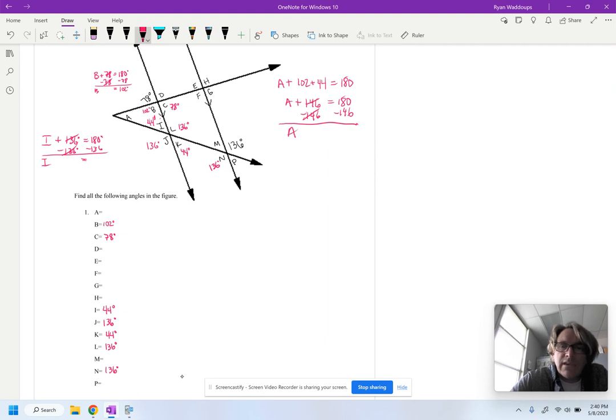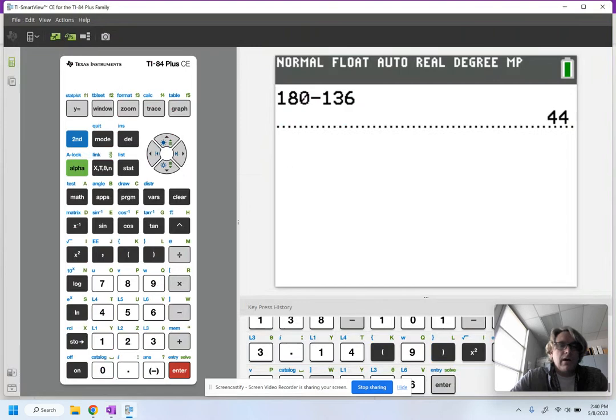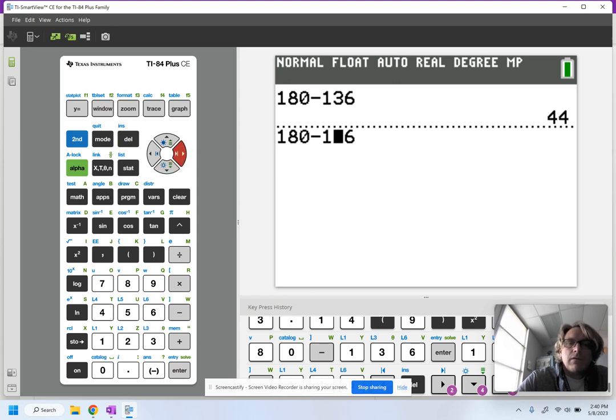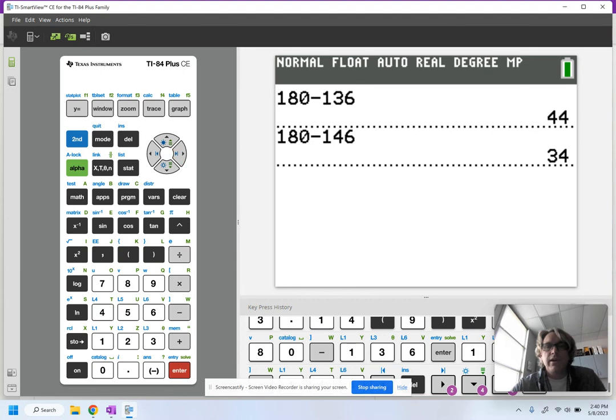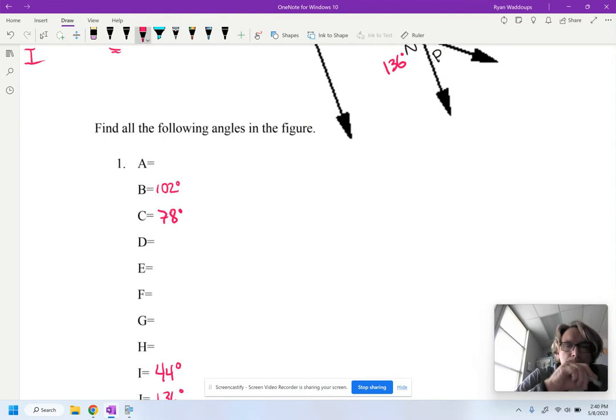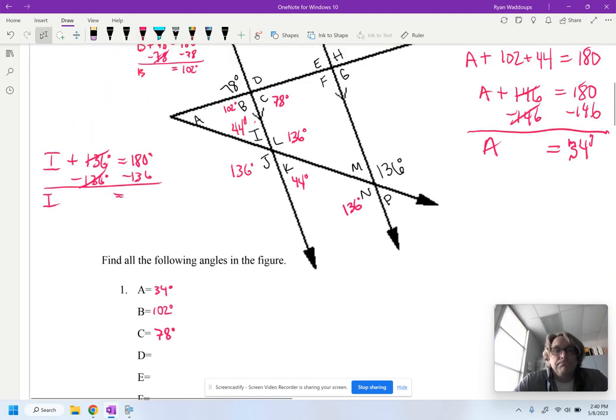And A then is equal to 180 minus 146, which is 34. So 34 degrees is A. So A is 34. All right.